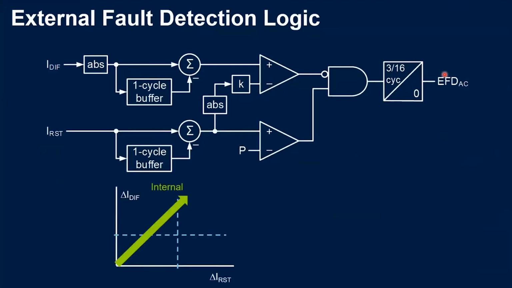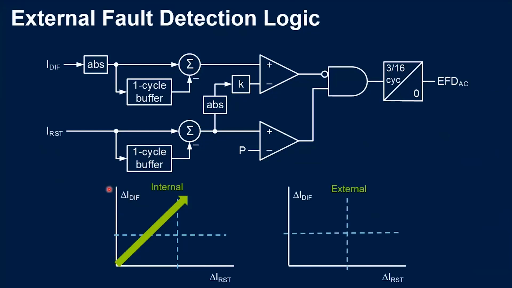If we have an internal fault, we'll see an increase on the restraint current and an increase in the differential current simultaneously. Okay, so at the same time, they will rise together. But if we have an external fault, ideally, if there is no CT saturation, we will see an increase on the restraint current.